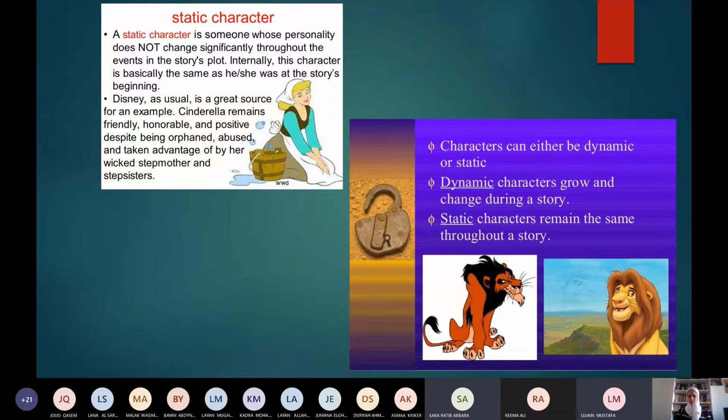No, but we know dynamite. Teacher called static electricity, but dynamic is like dynamite. It is movement. So a static character is, for example, Cinderella. Did she change at the end? Did her personality change? No.